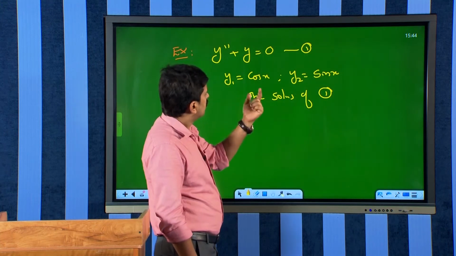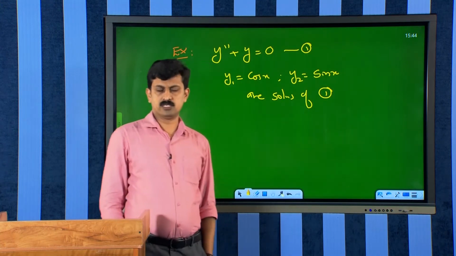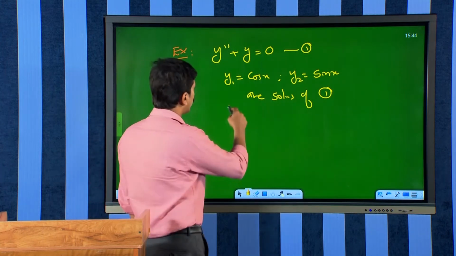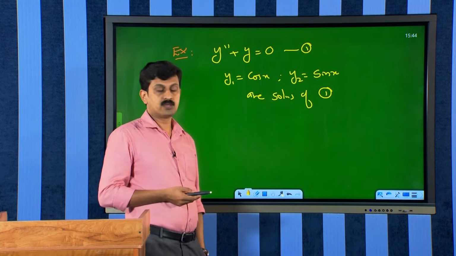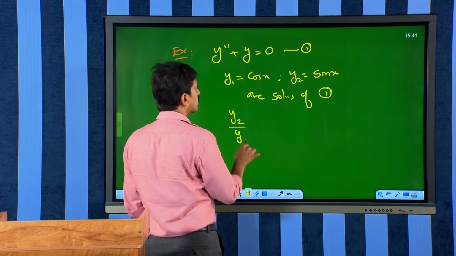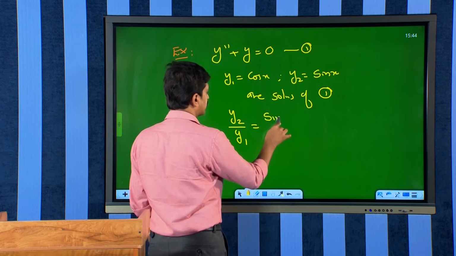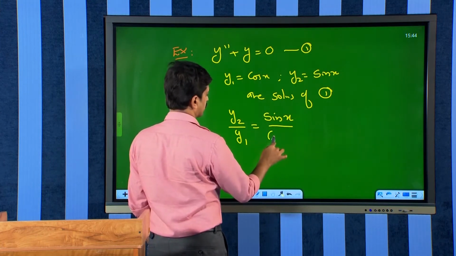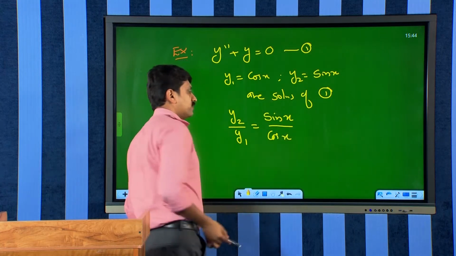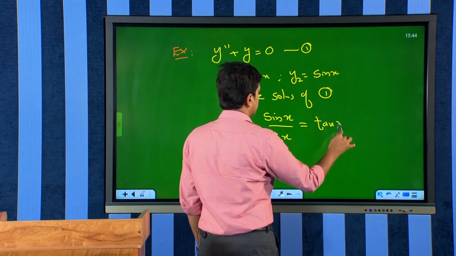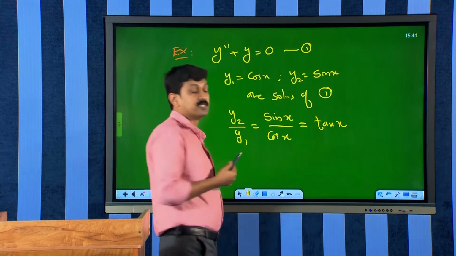But here, what about these two functions? These two functions are the solutions of this differential equation. So y2 divided by y1 is equal to sin x divided by cos x. Actually, we know this is equal to tan x, which is never a constant value; that is a function.